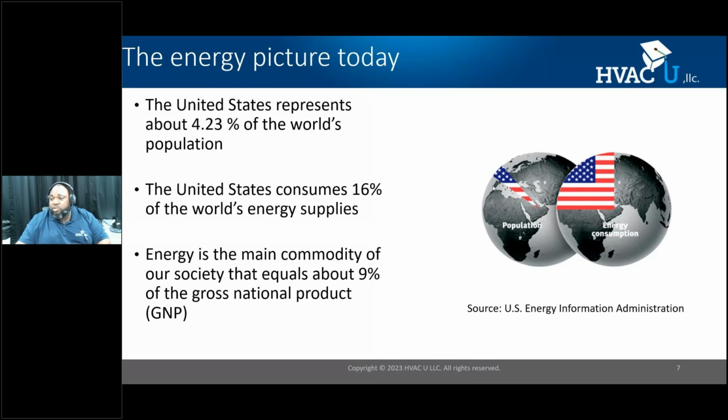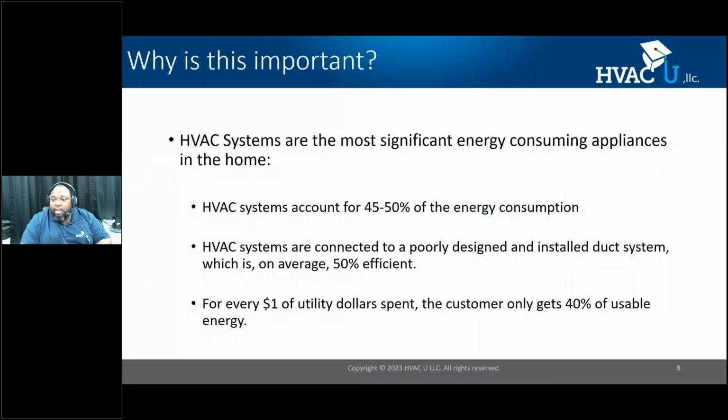So if you look at these two pie charts here, you'll see that our population size relative to our energy consumption doesn't match. And that brings up a big problem. And that problem is energy efficiency. So with this in mind, our industry has a significant problem or impact with those statistics.